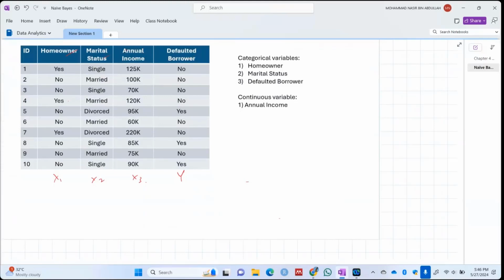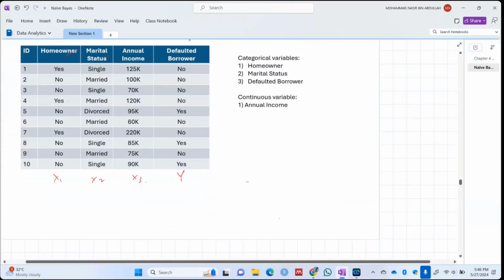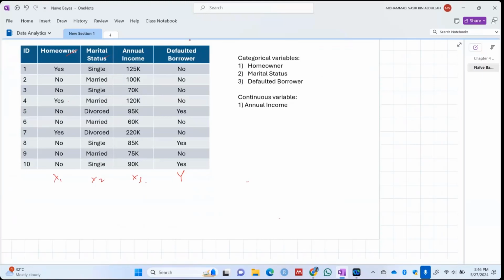These are the independent variables. We want to predict whether a person who has a house, is married, and has this annual income, what is the possibility he is a default borrower, yes or no, right? So in this case, we try to make a 2 by 2 table.